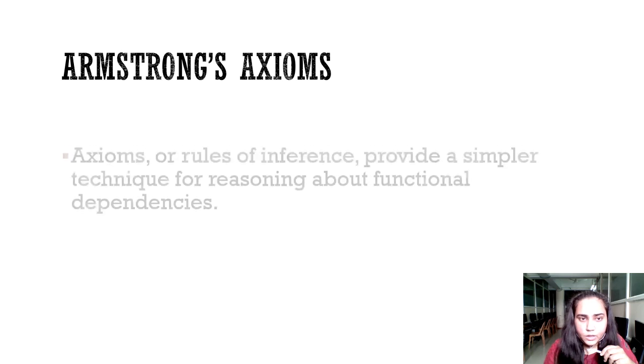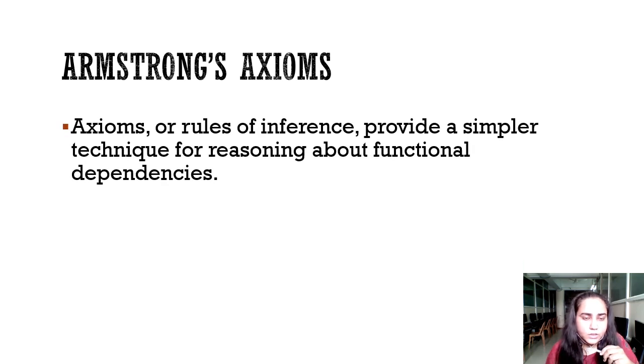So first of all, what are Armstrong's axioms? First we'll see what axioms are. Axioms are rules of inference. They provide a simpler technique for reasoning about functional dependencies. These rules allow you to evaluate and sometimes even reduce the number of functional dependencies, and that is why we are doing all these rules.